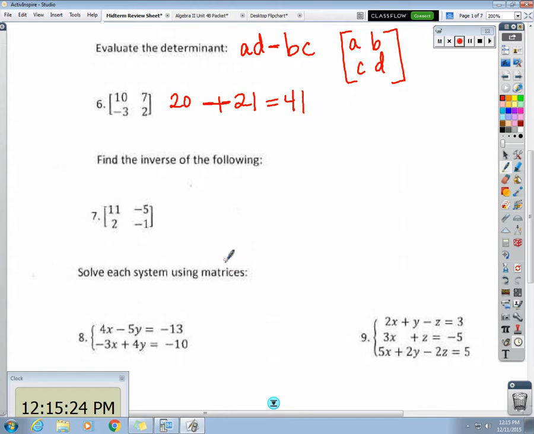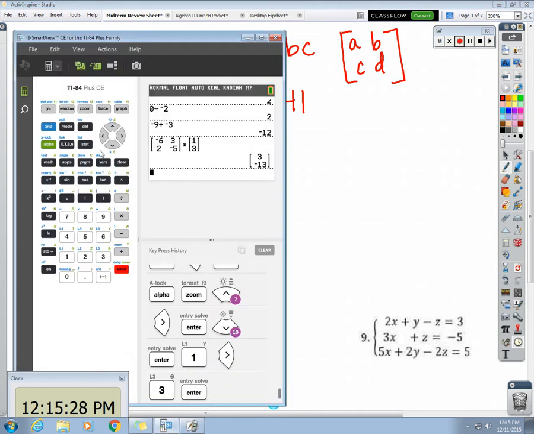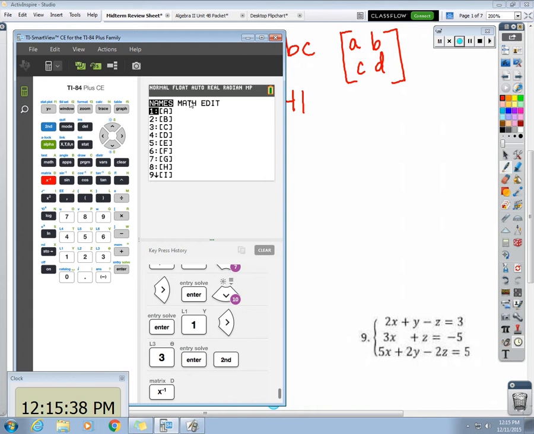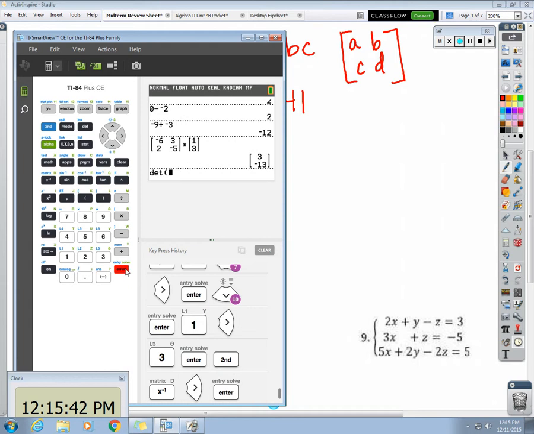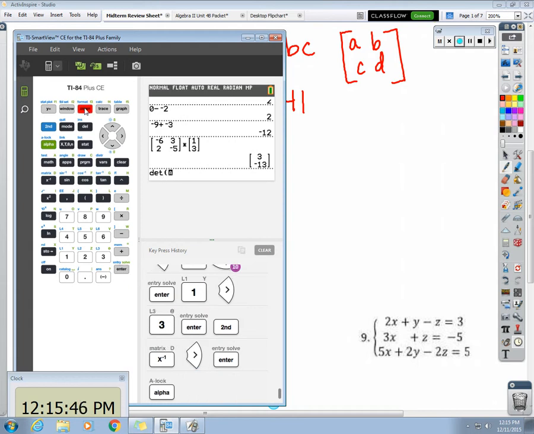Okay, now say you don't think you can remember this formula. You can use the calculator. Everybody look, so you'll see the buttons I'm pressing. Second matrix. See where it says matrix right there? And that's why we had to hit second, because it's above. Go over to math and look at the very first option, determinant. Once you pull that up on your screen, you use Alpha Zoom and you type in the matrix.